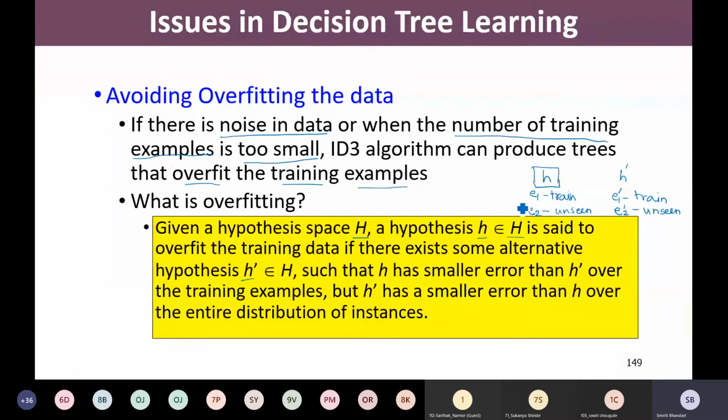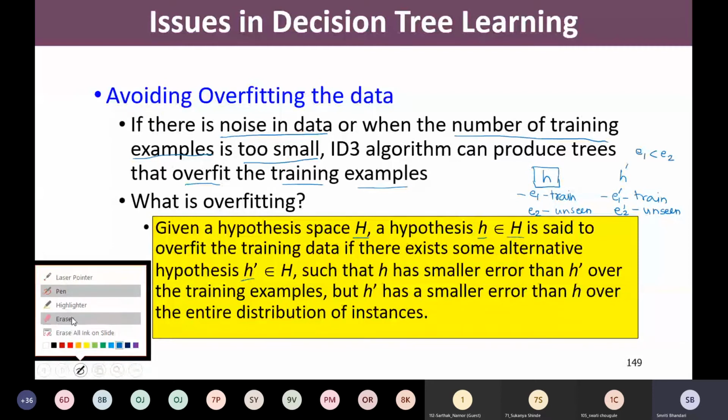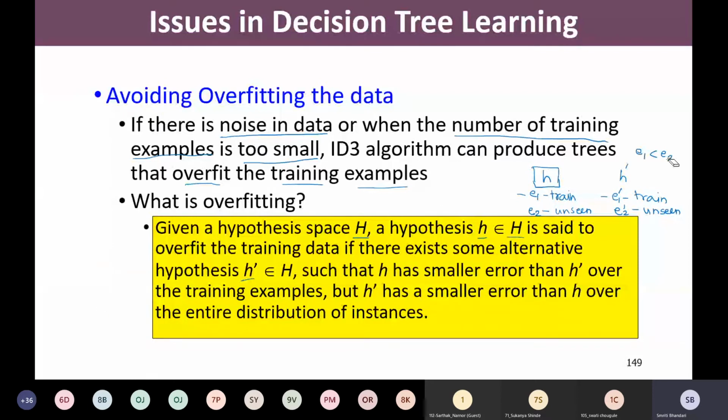this error E1 is less than E1 dash. So for training, my hypothesis H is producing the error which is less. E1 is the error for hypothesis H and E1 dash is the error for hypothesis H dash for training. So the training error for hypothesis H is less than the training error for hypothesis H dash.